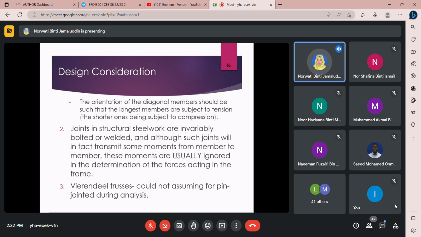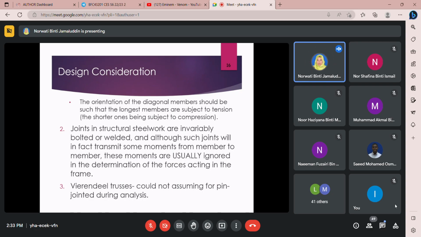You may have a short ruler and a long ruler. Which one will buckle first? Okay, that is the situation for the compression member. So if you could ensure that the longest member in your truss system will be subjected to tension, that will be good.